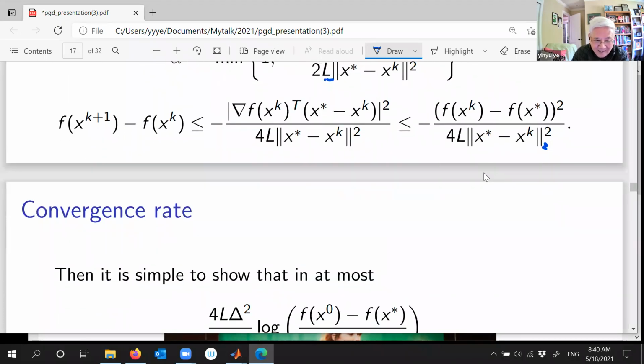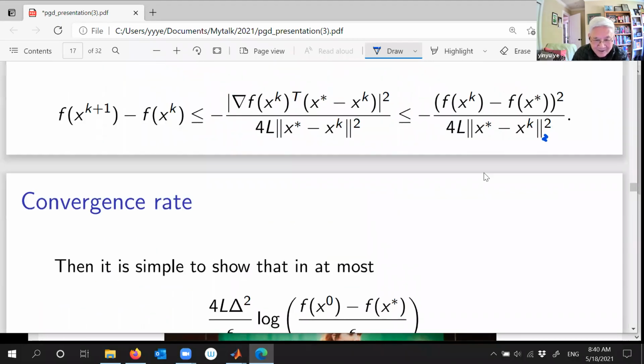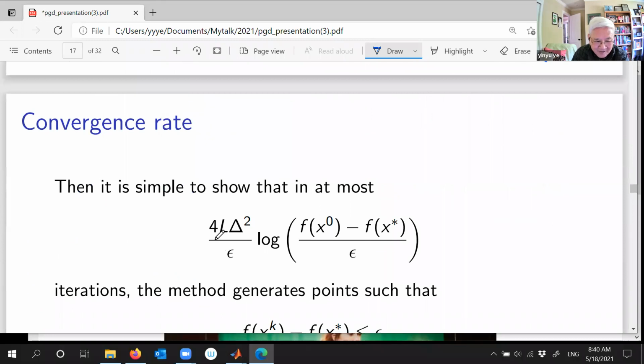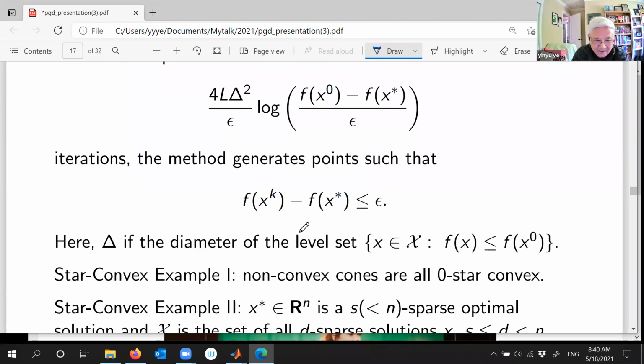Because you have a reference for this, you can show that in this method it is not epsilon squared anymore, only epsilon. Then take another log of the initial difference, and it becomes epsilon. Then you can prove f(x_k) minus f(x star) is less than epsilon.